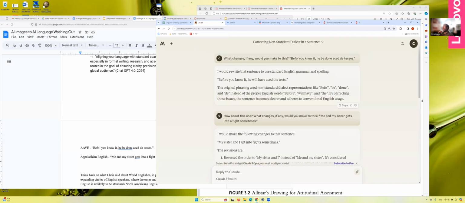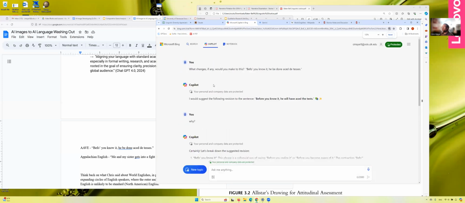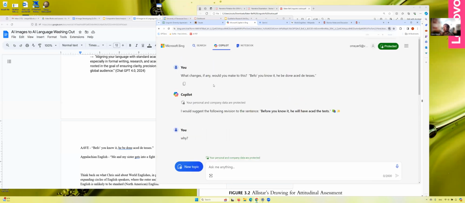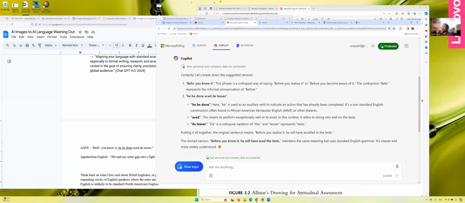Here we actually have some pretty loaded language, proper and correcting. Bing at first just gave the standard English. And I said, why? And so it broke it down, and it's saying this is colloquial.